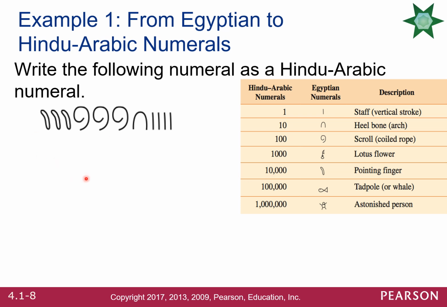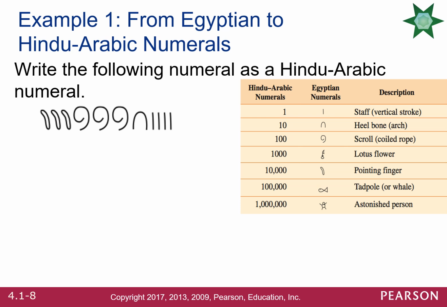So the way we are going to convert this, now again keep in mind this is the additive system, so there's addition involved. So all we are going to do is replace each of these hieroglyphic figures with the corresponding Hindu-Arabic numerals, and then we are going to add them up.